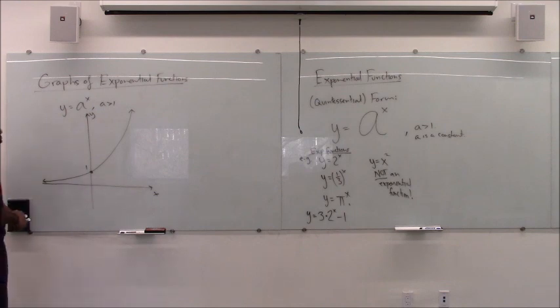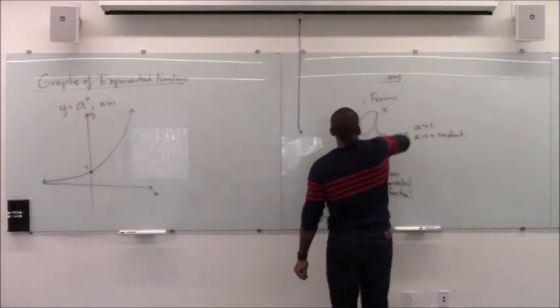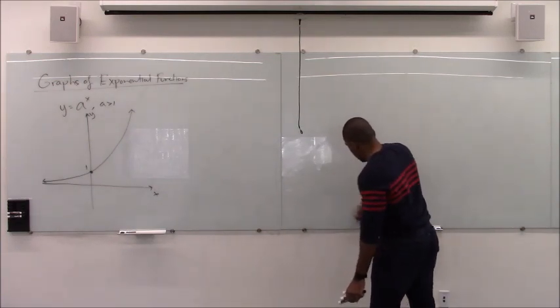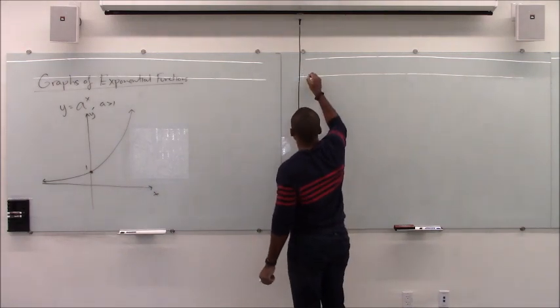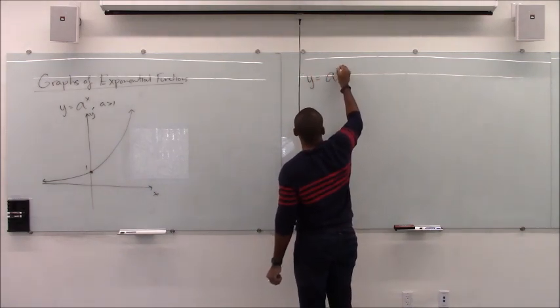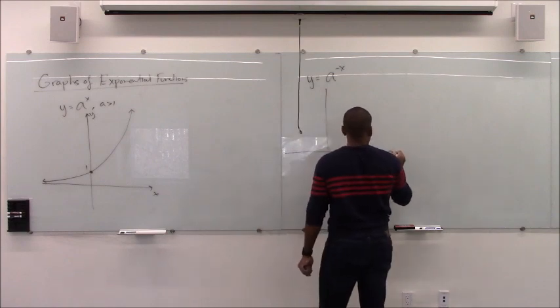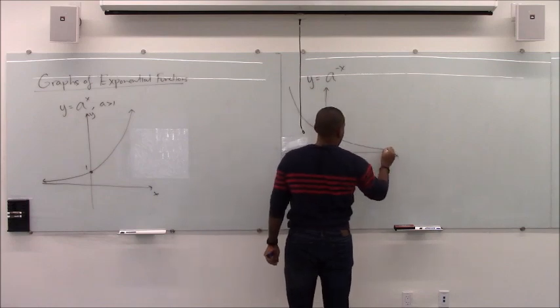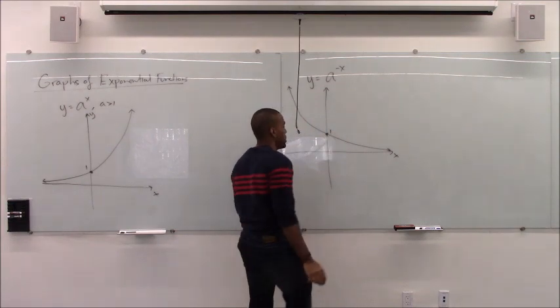Now you might wonder, well, what if your a is smaller than 1? Well, notice here I can have y equals a to the minus x. That one is going to be a shift, a reflection. Or when you change the inputs to be negative, it's a reflection.